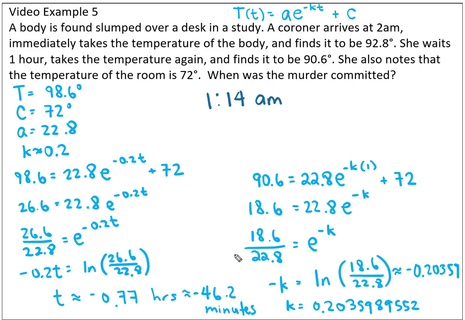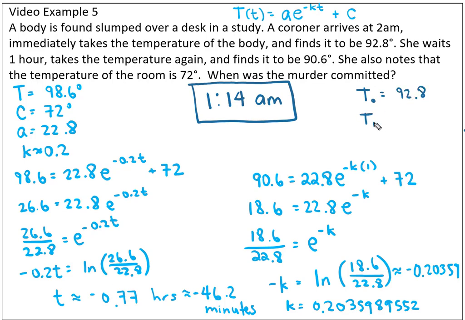So working backwards, if we start at 2 a.m. and we want to subtract 46 minutes from that, we would get the approximate time of death to be 1:14 in the morning. Okay, let's go through the steps again. We first started off with taking the temperature at time 0, and that was 92.8.